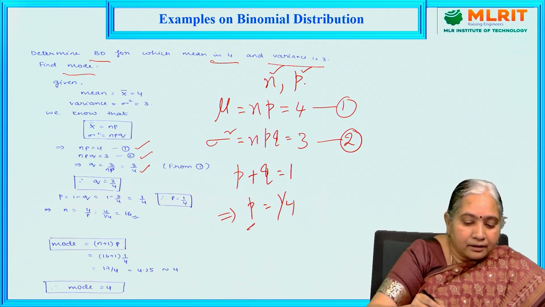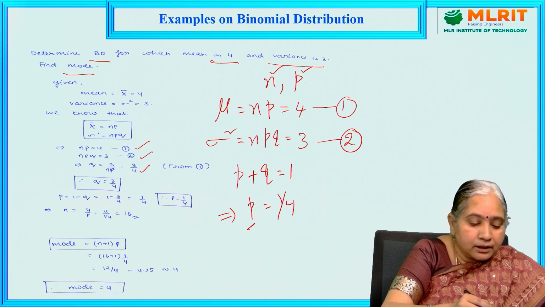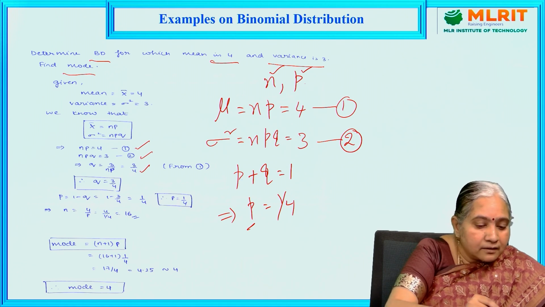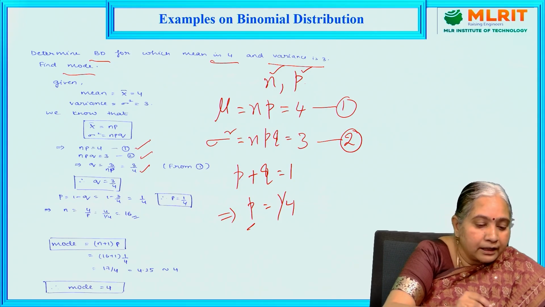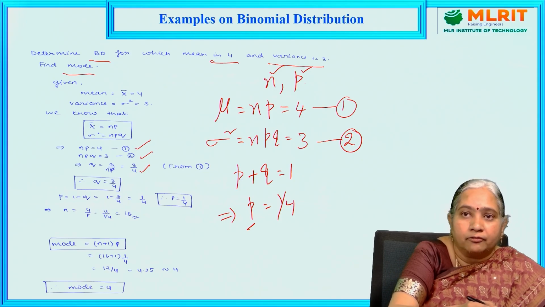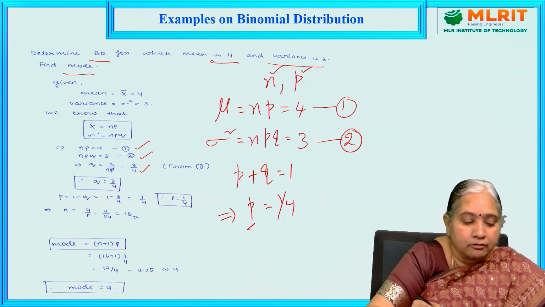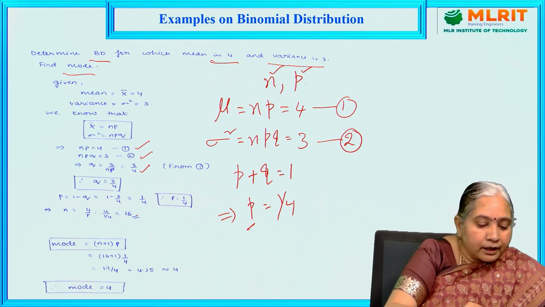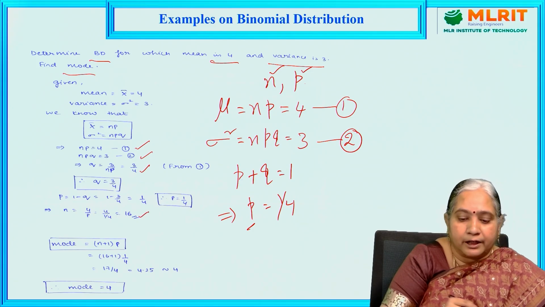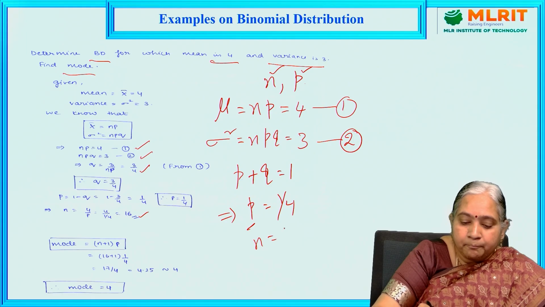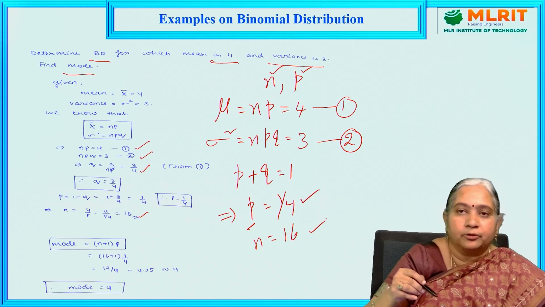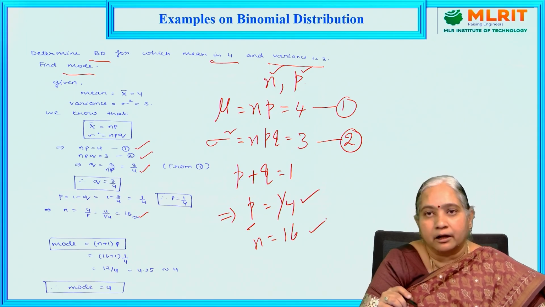And now we find the n value. Since already given that np equal to 4, from the first equation we can find the value of n by substituting p equal to 1 by 4. Then we get the value n equal to 16. So n equal to 16, p equal to 1 by 4. These two are the parameters of the binomial distribution.